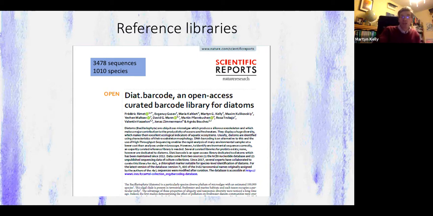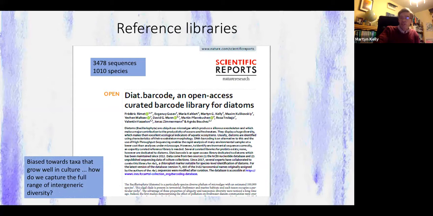You could just use GenBank if you want, but there's an awful lot of rubbish there, whereas Diat.barcode is a well curated database. But with 1,000 species, it's still only a small part of Europe's diatom diversity. We've got 2,800 recorded species in the UK, for example.